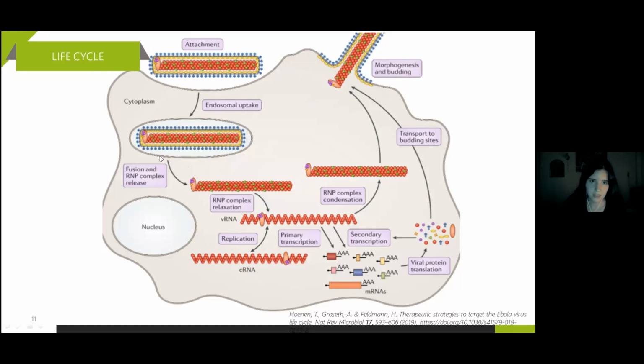And this interaction leads to the fusion of the membranes, the release of the nucleocapsid, and then we have the stages of the viral RNA replication. We have the primary transcription, the secondary transcription, the assembly of the virus proteins and the genome into the new virions that ultimately bud from the cell.